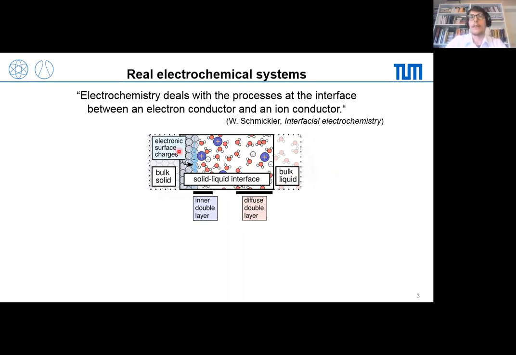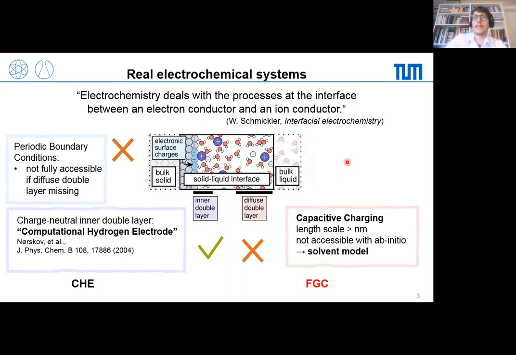Now, having put this forward, let's look at how we typically address such systems in calculations. One defining property of electrochemical interfaces and reactions at such interfaces is that we might have electron transfer processes, and in particular also changes of chemical bonding at this interface. For this reason, one needs a method that can describe electrons or chemical bonding appropriately.